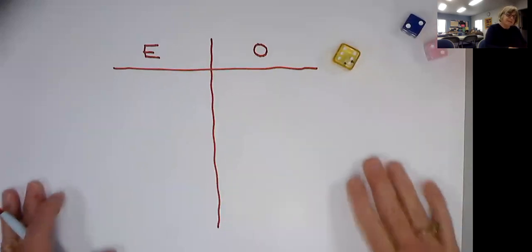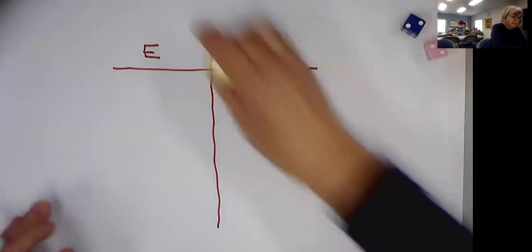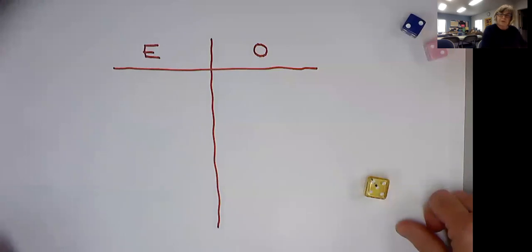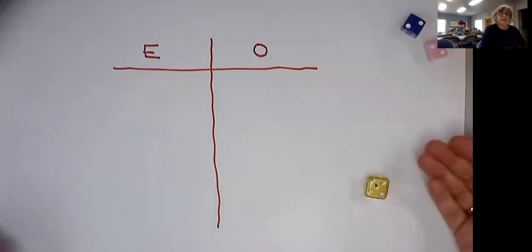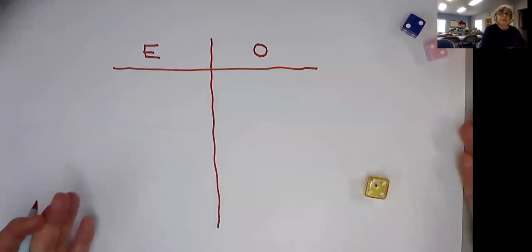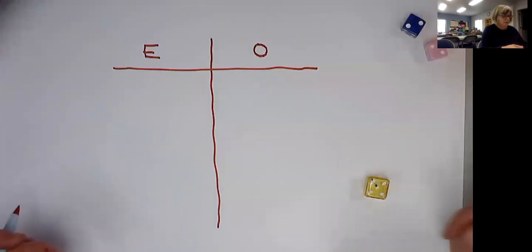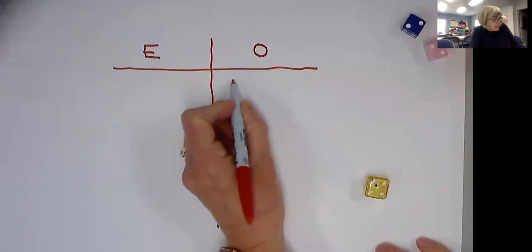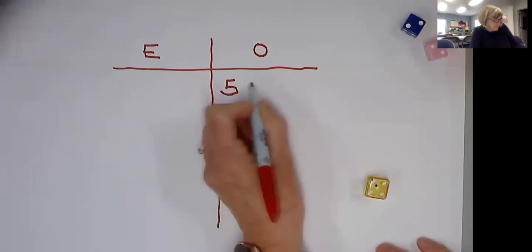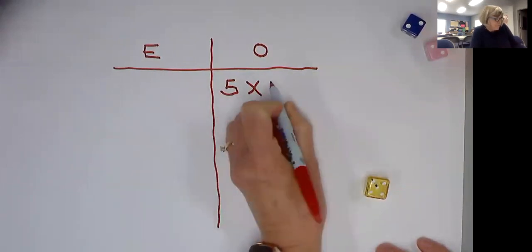So in this game, you're rolling. I rolled a 5 and a 3. So I have to think 5 times 3. Oh, that's right, I know it's 15. Now I have to think, is 15 odd or even? It's an odd product.